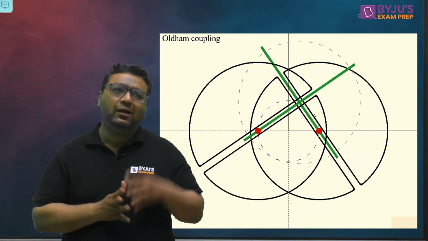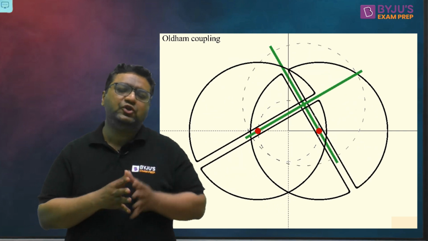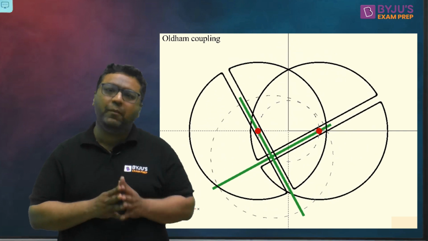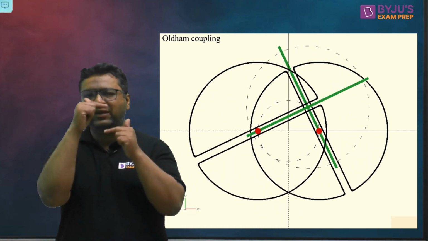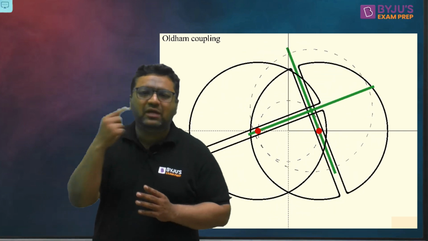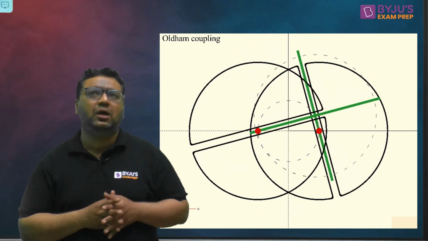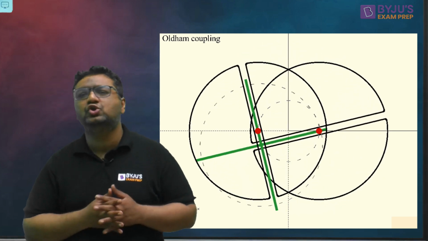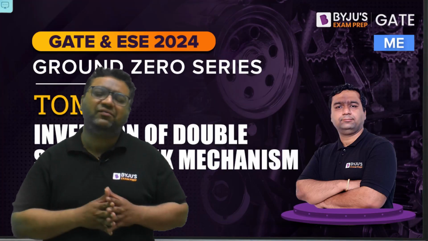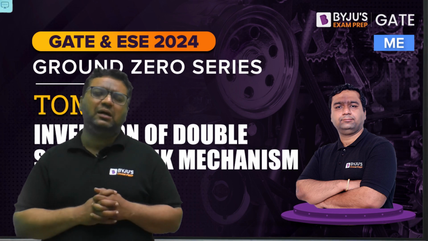So the Oldham coupling will slide also, and the velocity of sliding is given as d times omega, where d is the offset between the axes of rotation and omega is the angular velocity of the driving shaft. This is the third application, used to join laterally misaligned shafts. So this was about the inversions of the double slider crank mechanism.